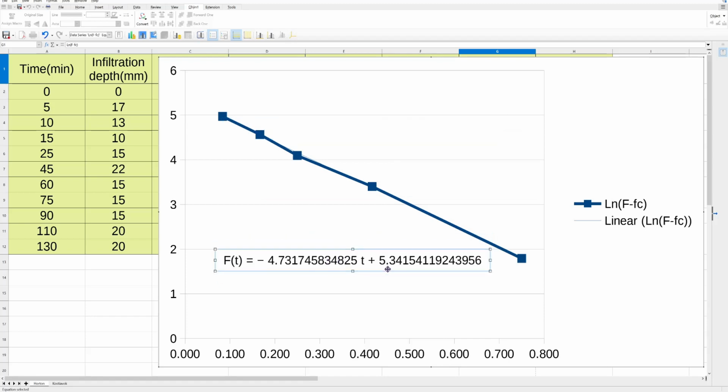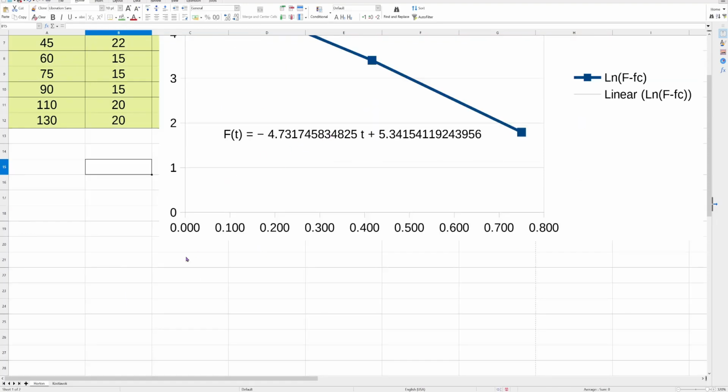See, this is the equation, and from this equation we know that the slope, let me write it here, SLOPE, slope or the decay coefficient minus kh is equal to minus 4.73175.